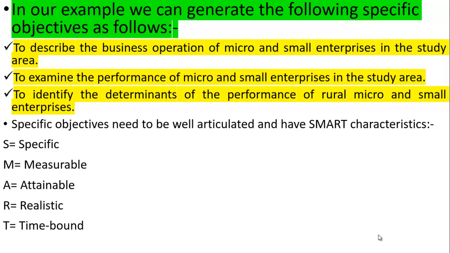We can characterize the business operation of micro and small enterprises under our study. We study the background of their business operation. We can study their production scale, or we can study the service scope of the enterprises. We can describe their business operation from many aspects.